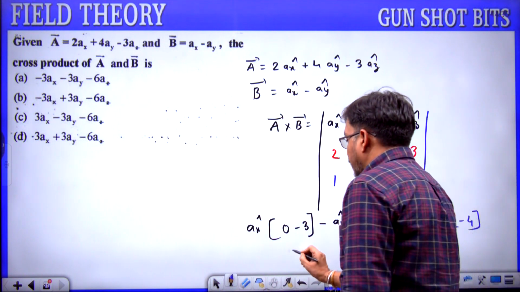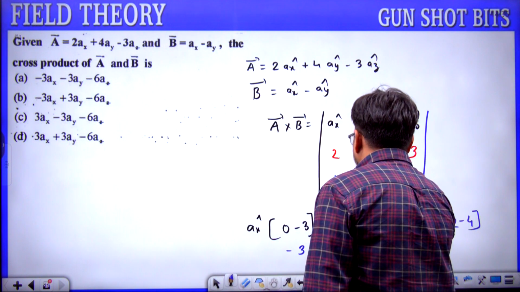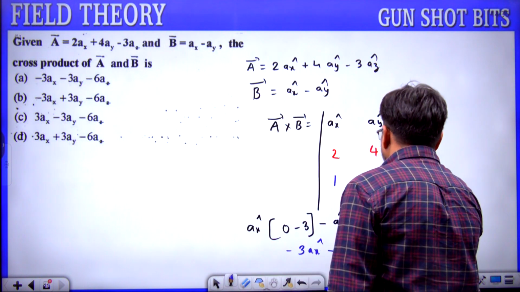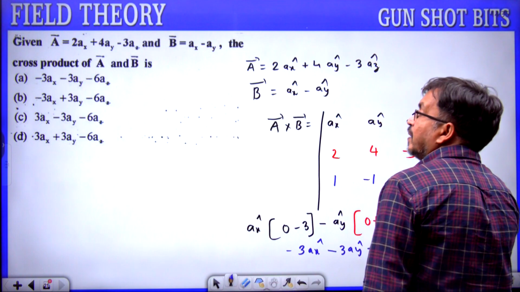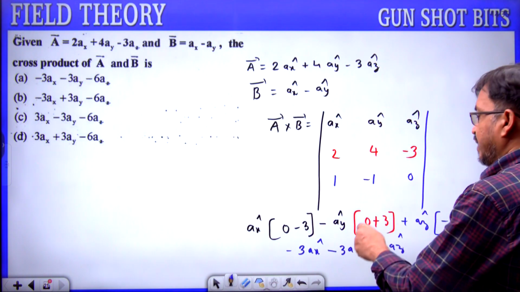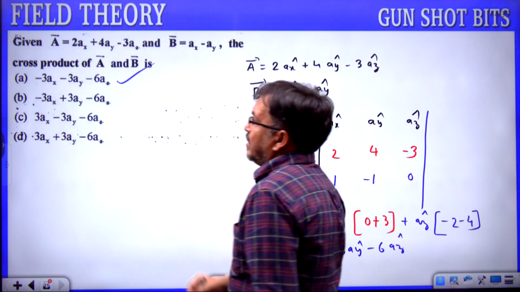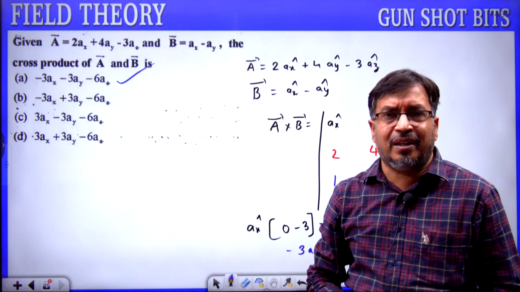So, that equals minus 3 ax cap minus 3 ay cap minus 6 az cap, which means option 1 is the correct answer. Option 1 is the correct answer.